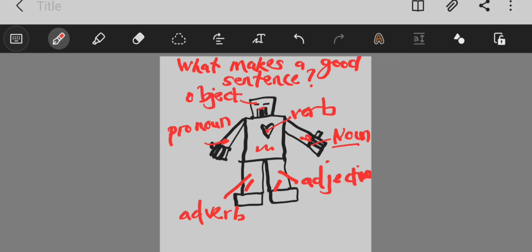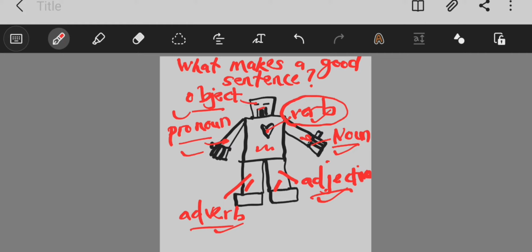All of these, the noun, adjective, adverb, pronoun, object, I will go through later on. For today's highlight, you should be focusing on verb. But one thing's for sure, in order for you to have a good sentence, you need to have noun, verb, adjective, adverb, pronoun, object, and everything. So this is what makes a good sentence.